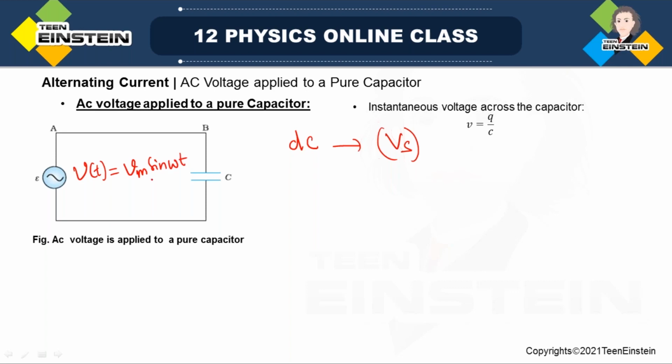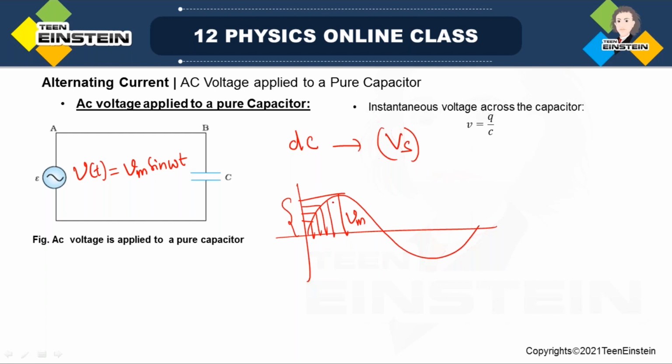If I say this is Vt at any time, this varies as Vm sine omega t. This is the sinusoidal voltage, varying as a sine curve like this. This is the maximum voltage, called the peak voltage or amplitude of the voltage, Vm.